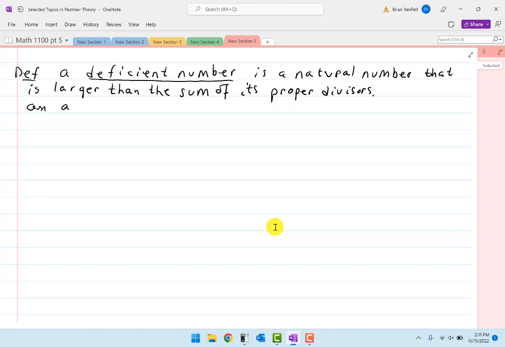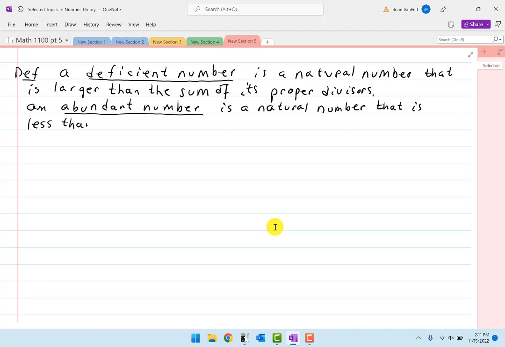An abundant number is a natural number that is less than the sum of its proper divisors.